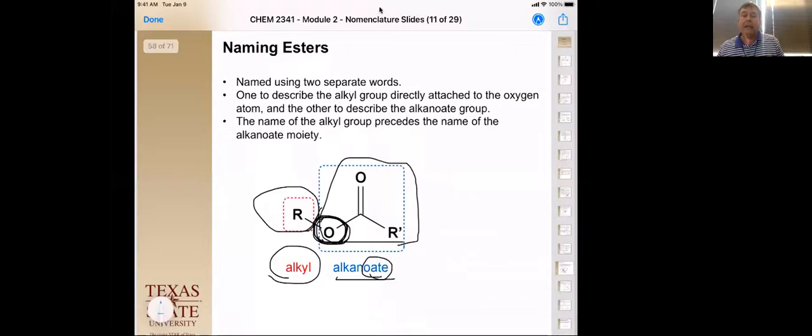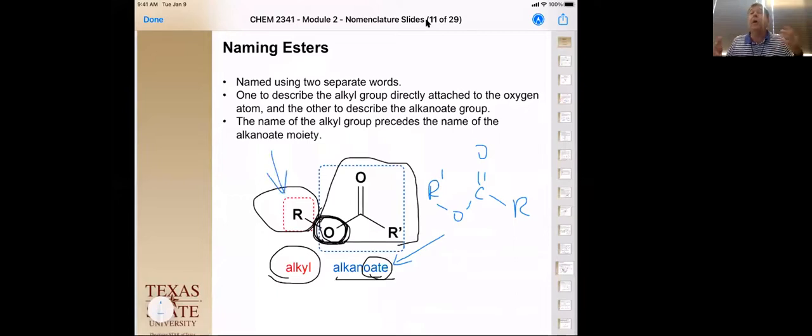The -oate function tells us we have an ester, which is a carboxylic acid derivative, with its general formula being RCOOR'. R' is the alkyl substituent. However many carbons you have, make it the alkyl substituent, name for that, and that gives us our name there.